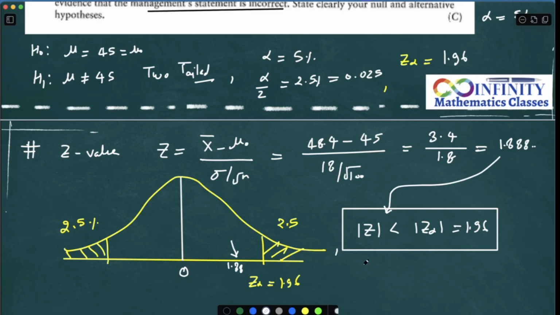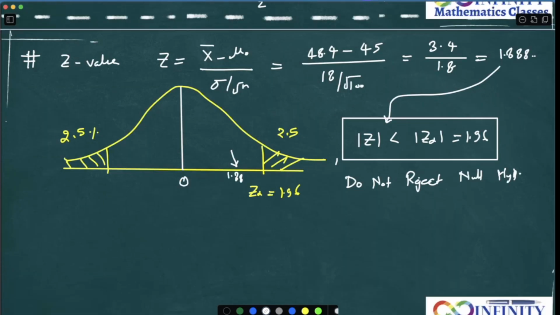We are not going to reject the null hypothesis. We write: do not reject the null hypothesis. So the change is not significant.